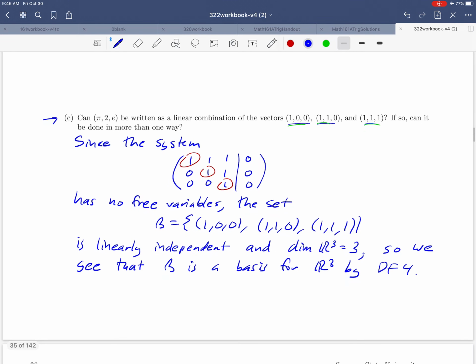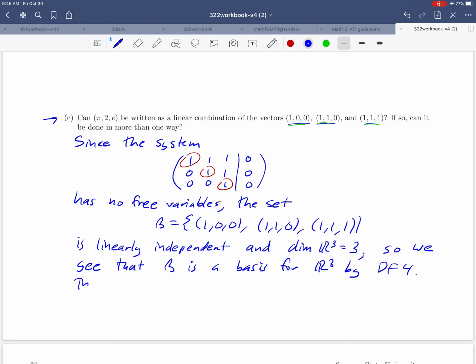If this is a basis, we proved a theorem, theorem 1.8, that says that for a vector space, if you have a basis, then every vector in the vector space can be written as a linear combination in exactly one way. That answers the entire question for us.